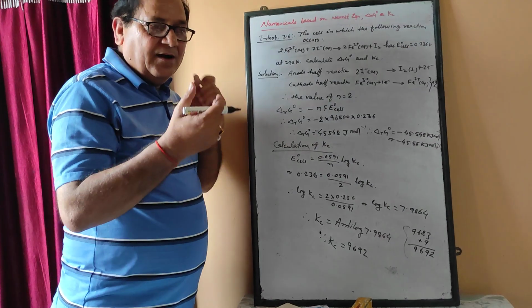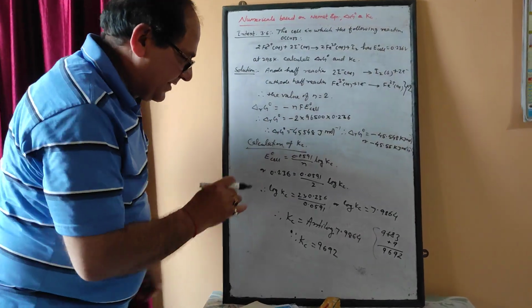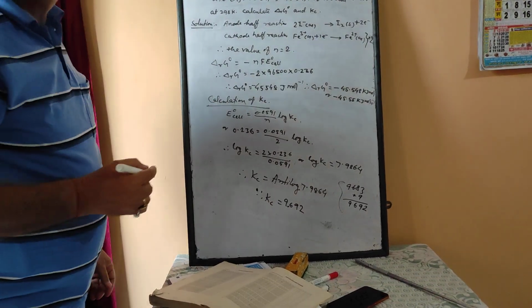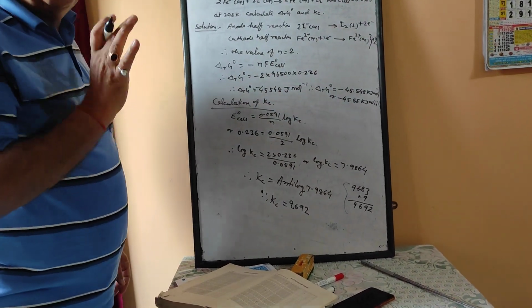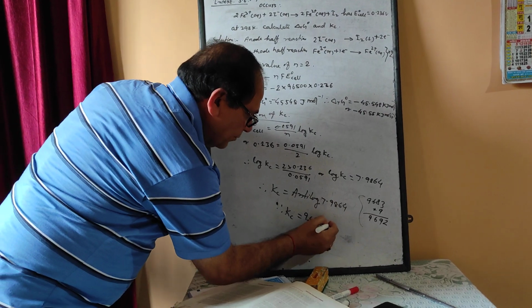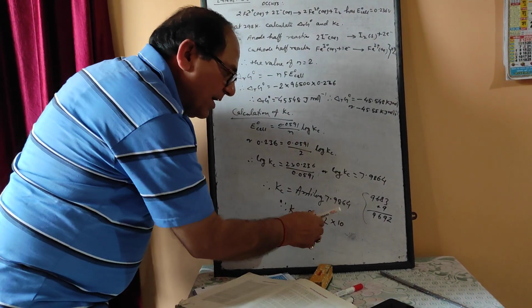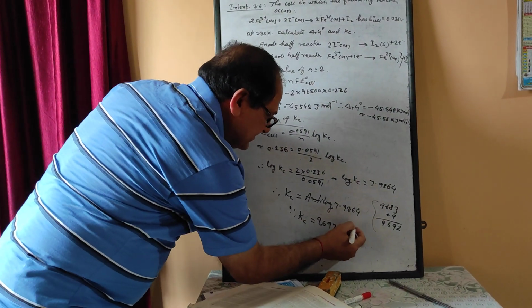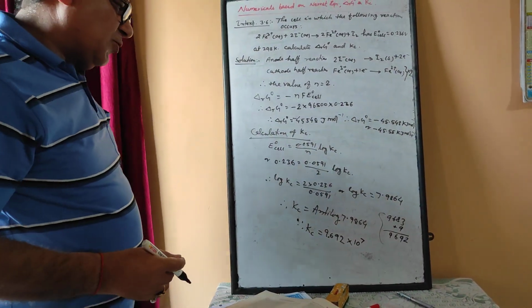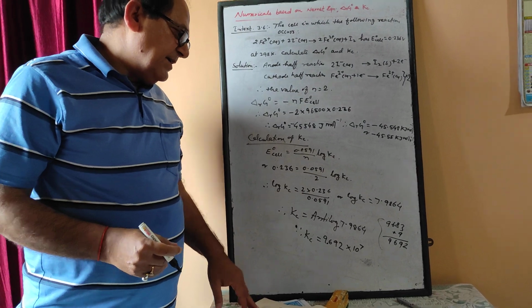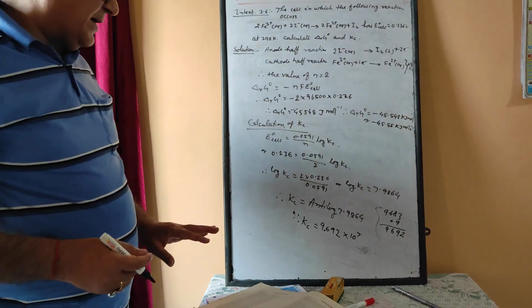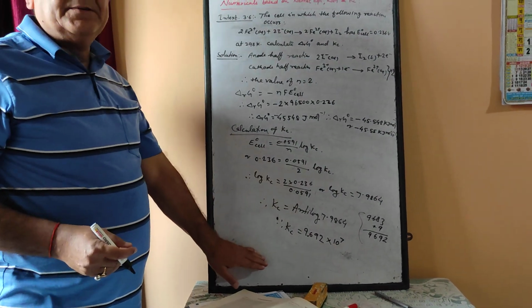According to my opinion, first you have to write the decimal after 1 digit only and multiply by 10 to the power of the value which is before the decimal. This is 7. Your answer will be 9.692 into 10 to the power 7. This is the value of Kc.